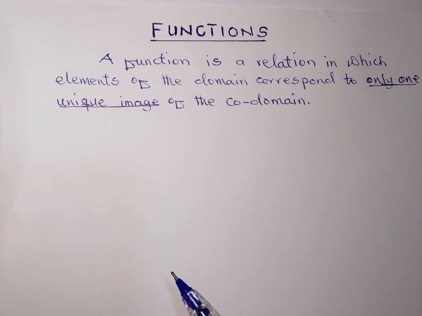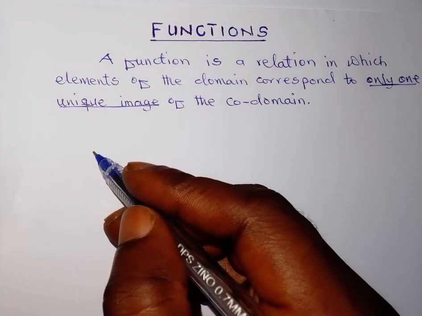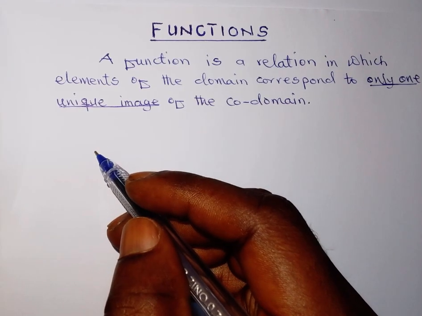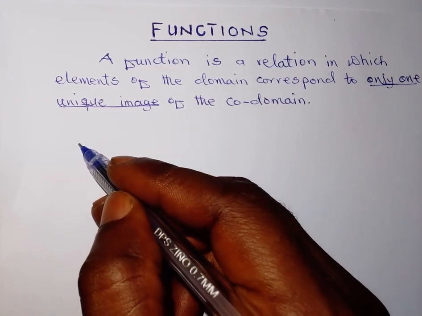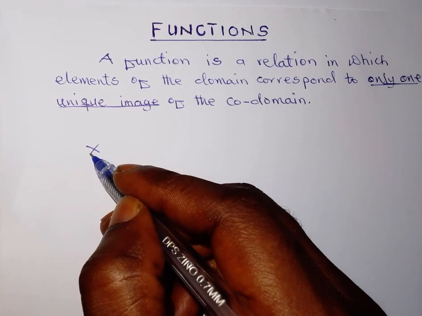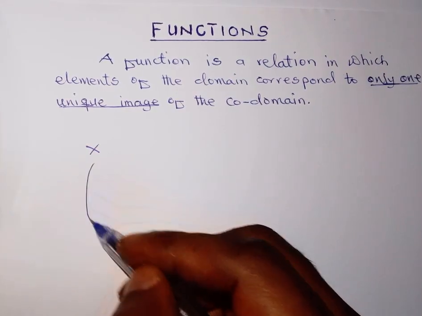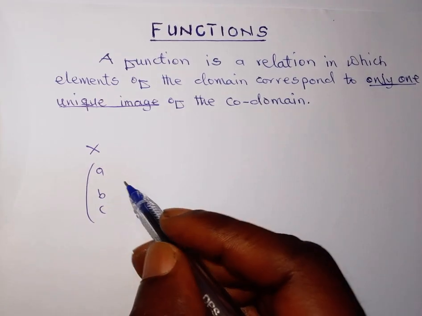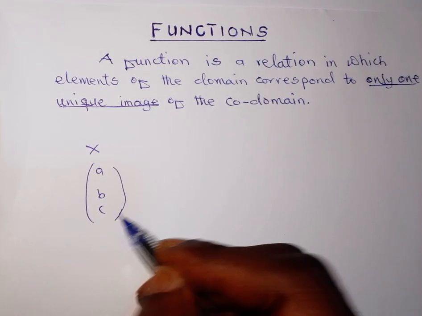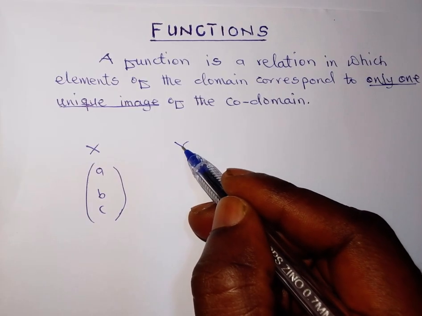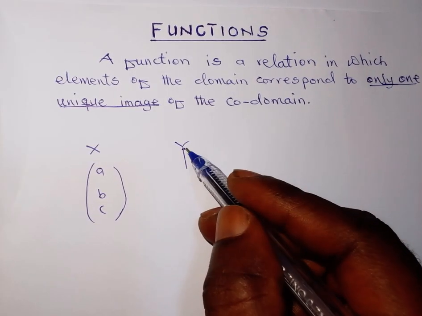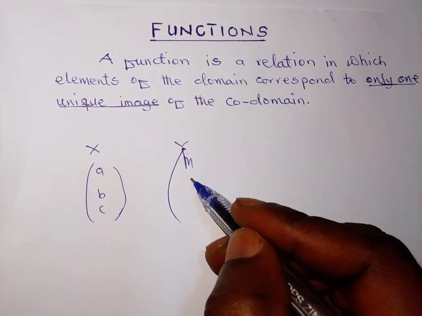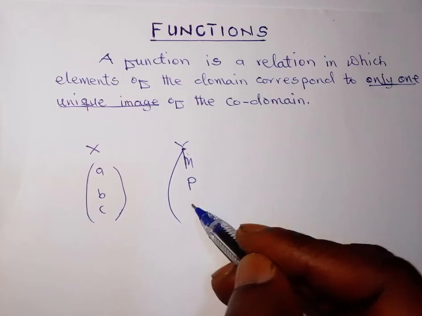So when you take the two sets, the domain and the codomain, let me use the arrow diagram to explain it better. Let's say we have our x values, which are a, b, c, and then we have our y values, maybe m, p, n.